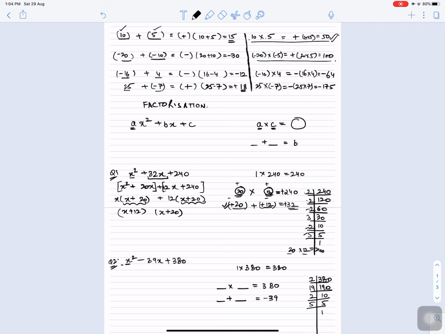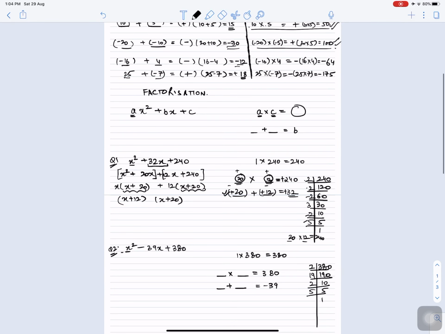And the other one is minus 39. Minus 39, minus will appear in this case or in this case. Okay. Now see, positive appears in this case: either both the numbers have positive sign or both the numbers have negative sign. If both the numbers have positive sign, while multiplying the answer comes out positive, and when we add the two positive numbers, we will get the positive sign. So this is not possible. So what is possible?